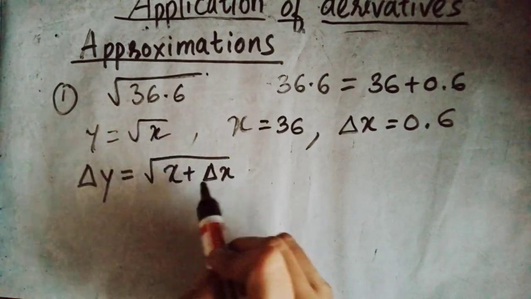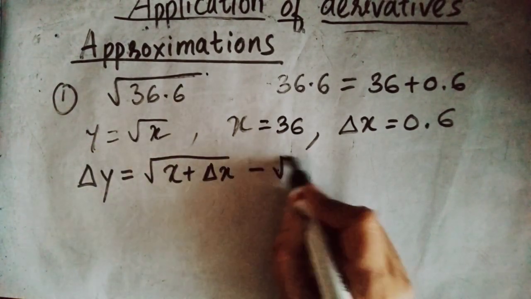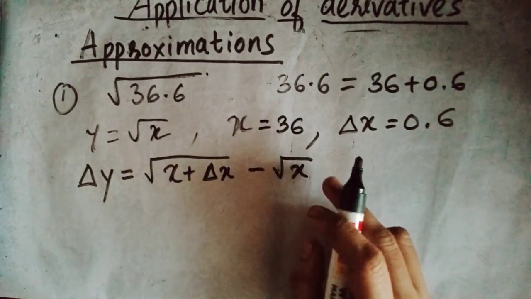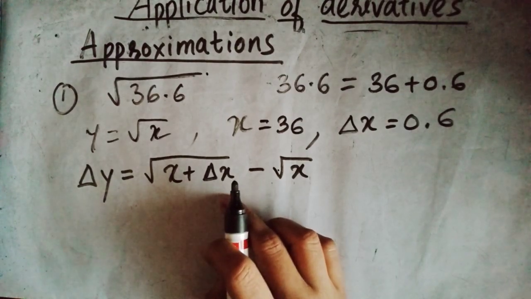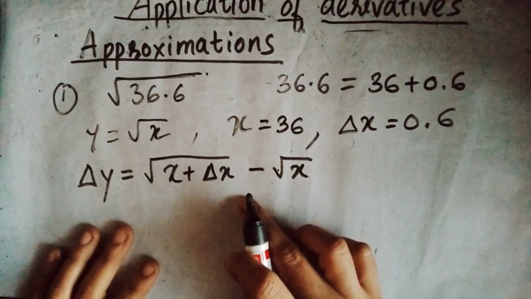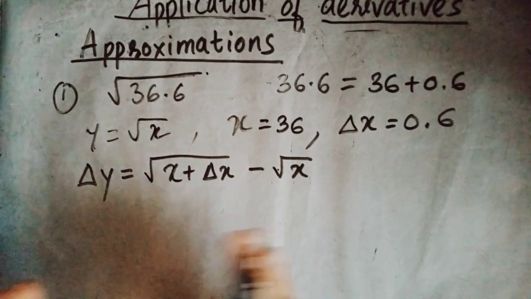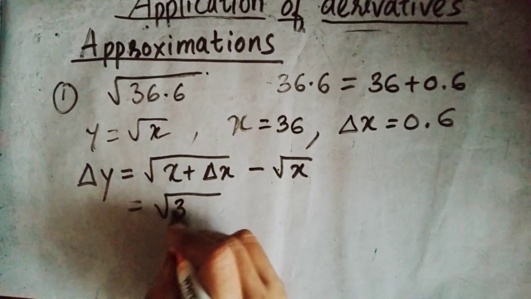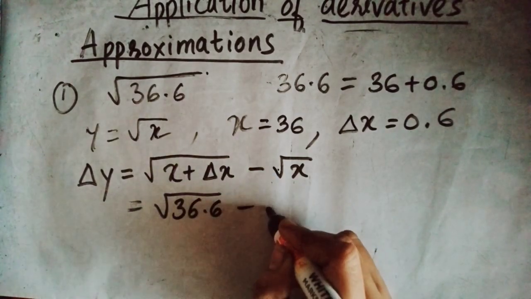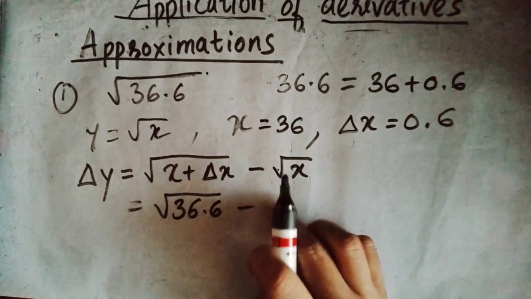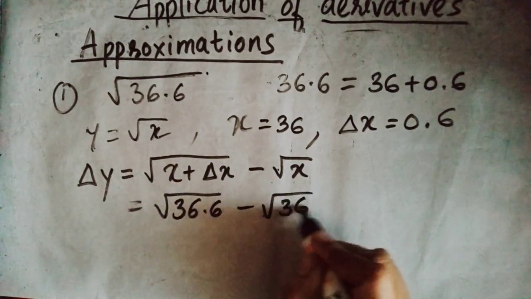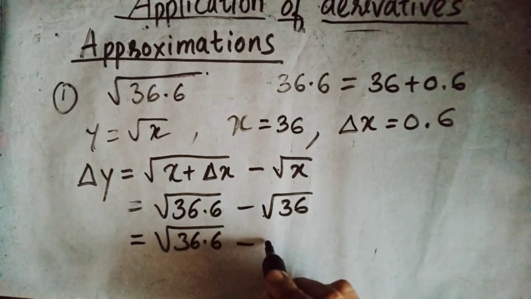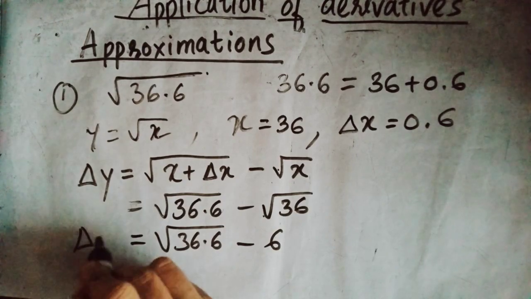So del y, that is change in y, is root of x plus del x minus root of x, so you have to write in this form. This is nothing but root of 36.6 minus root of 36, which is 6, and this is del y.